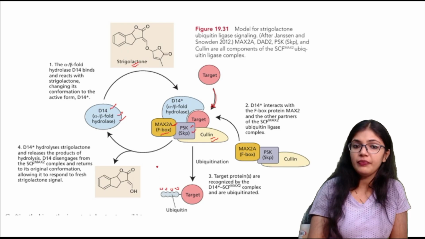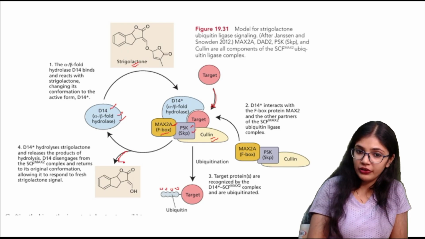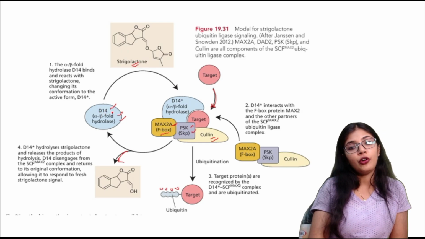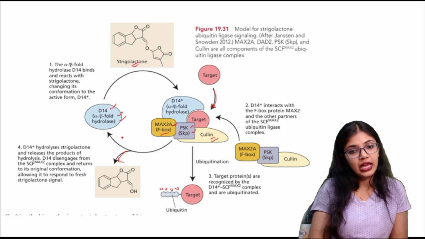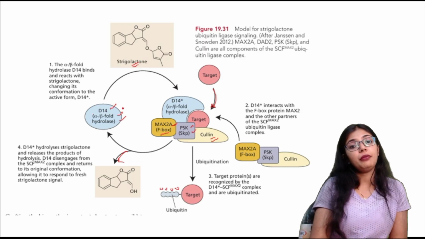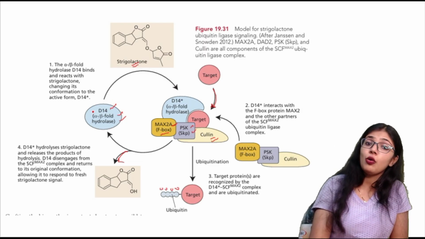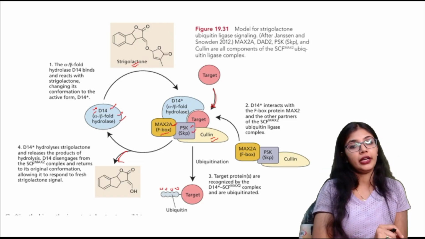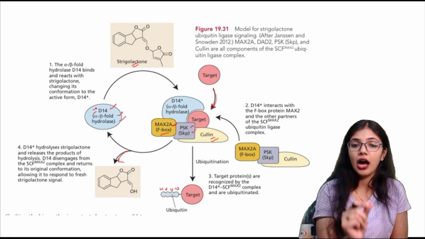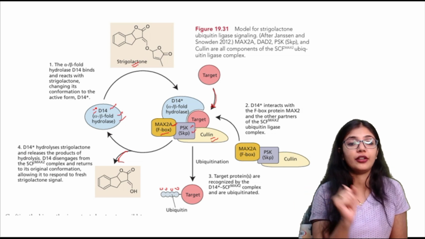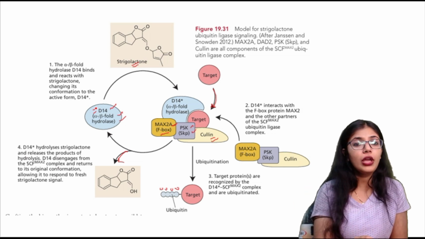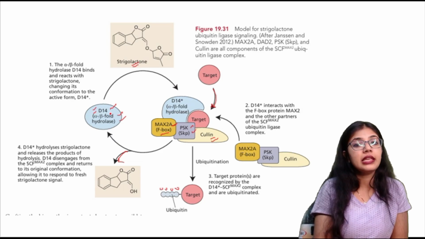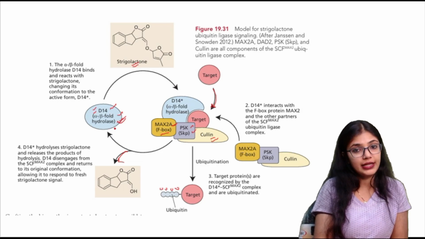After this degradation, the strigolactone is released from the D14 alpha beta fold hydrolase, and after the hydrolase is released, it is ready for binding with another strigolactone for the same process to continue. This is how the signaling of strigolactone takes place. Here the receptor is a hydrolase.